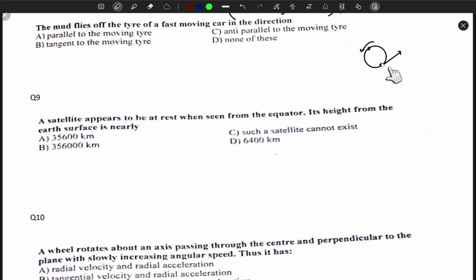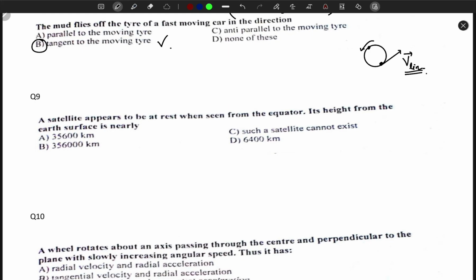As we saw in our lecture series, it would just fly off in a tangential direction with the tangential velocity, which was also referred to as a linear velocity. So the correct option should be option B, which is tangent to the moving tire.